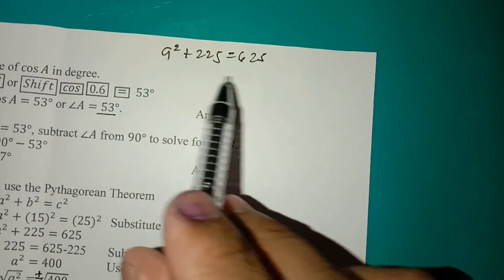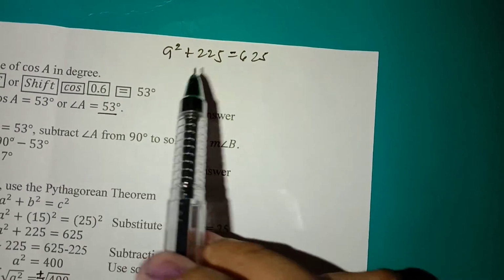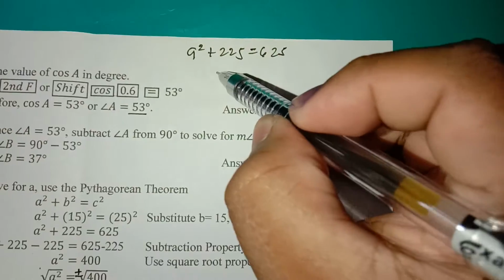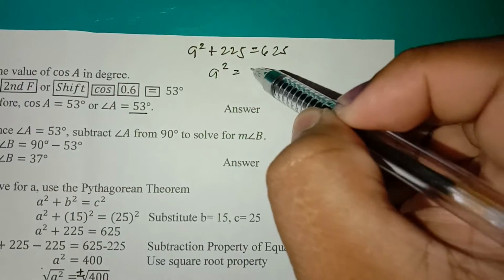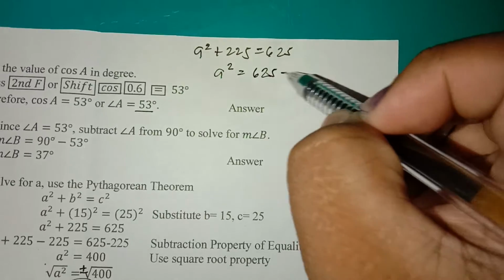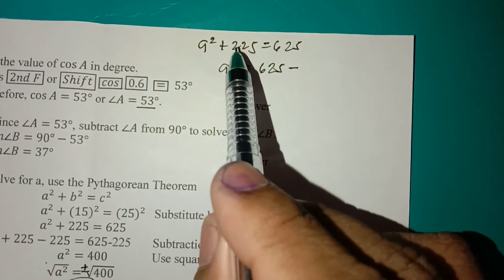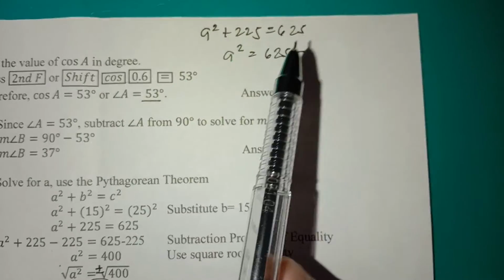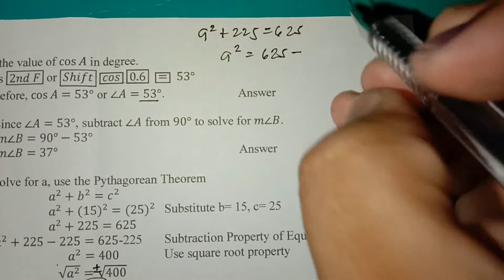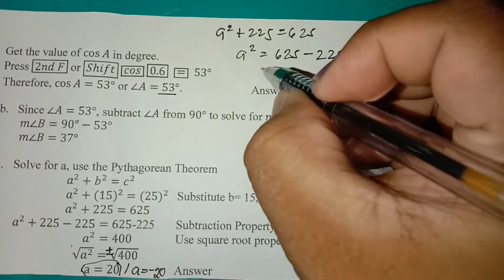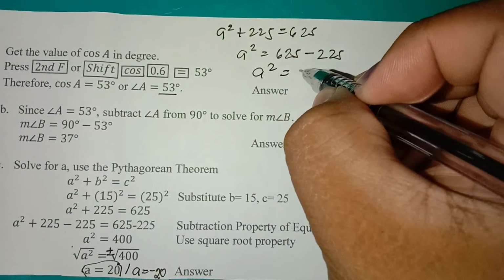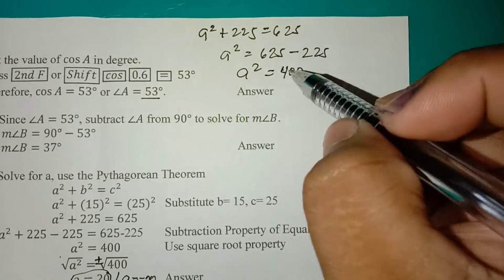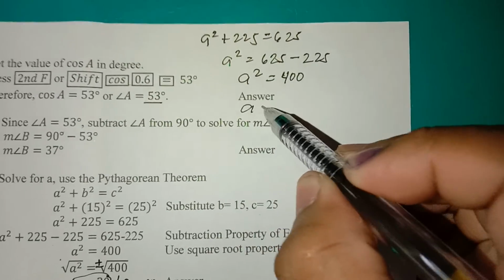The left side of the equation should always have the variables, and the right side numbers only. So A squared equals 625 then minus 225, since the positive 225, when you transpose it to the right side, becomes minus. Minus 225, so A squared equals 400. Then if you get the value of A, A is 20.